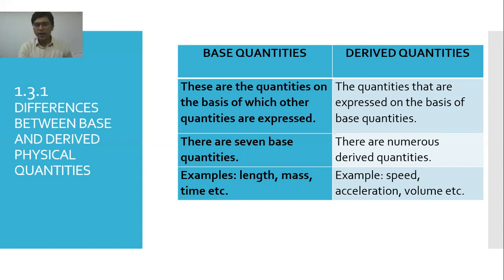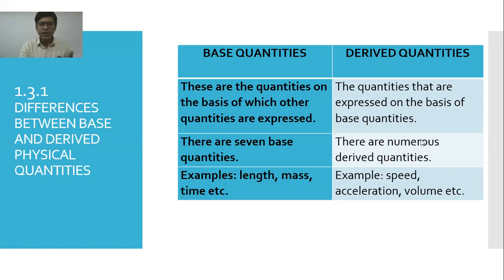While the definition of derived quantity is: the quantities that are expressed on the basis of base quantities. Derived quantities, as the name suggests, are derived from something. So derived quantities are expressed on the basis of base quantities. This is our first difference between base and derived quantities.